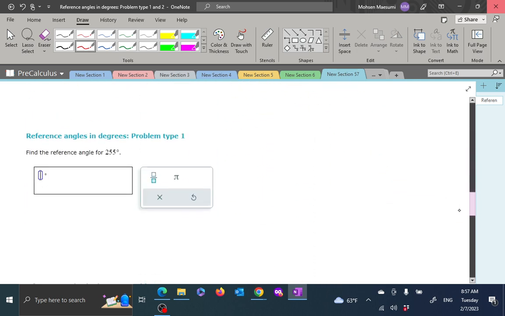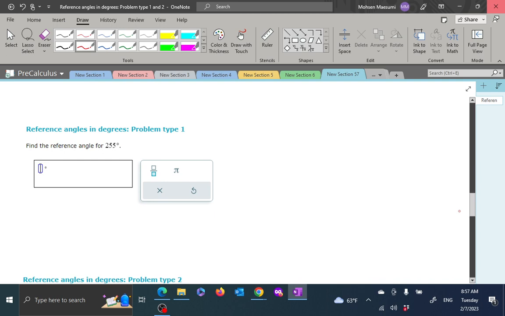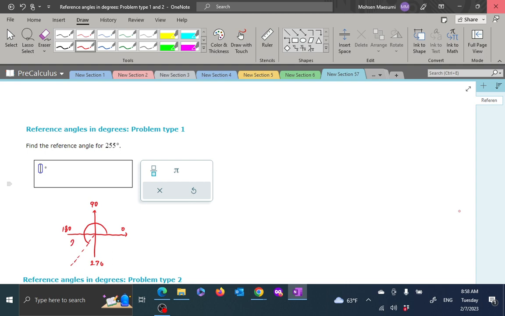And what else? We have, say, 255 degrees. 255, where is 255? Can you quickly figure that out before I actually draw this thing? So what do we do? 0, 90, 180, this is 270, so this is going, not making it to this vertical yet. This is where it stops at 255.